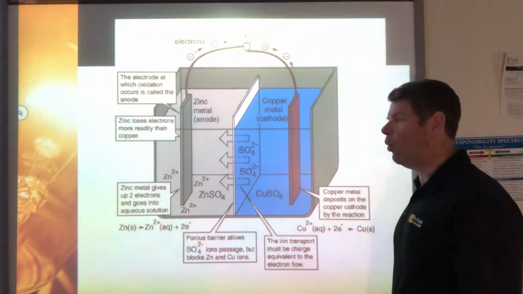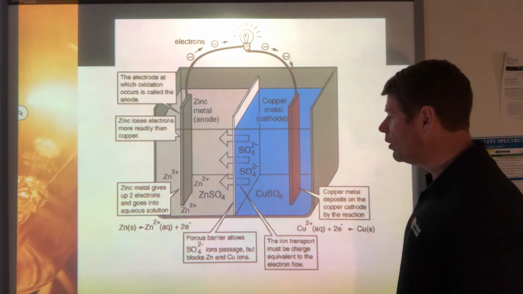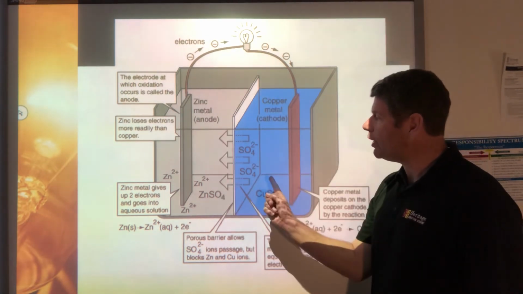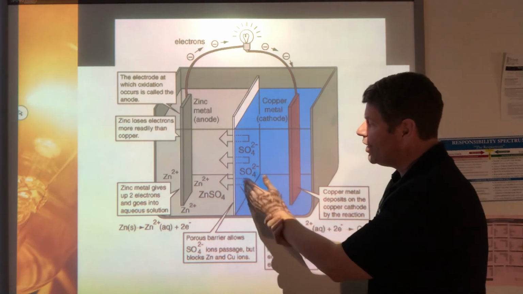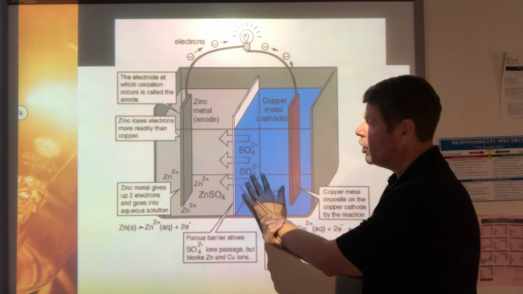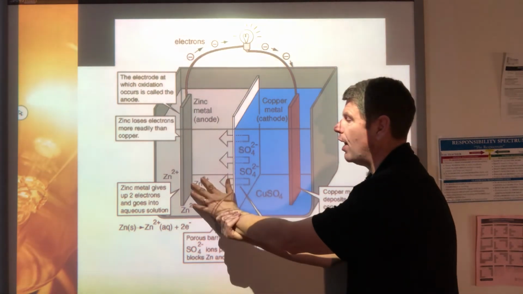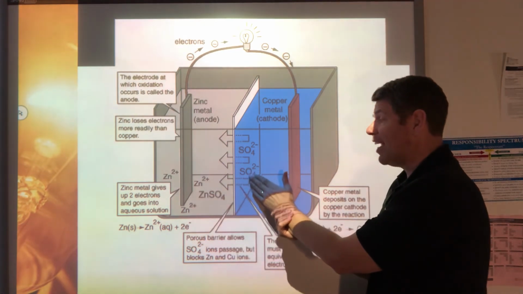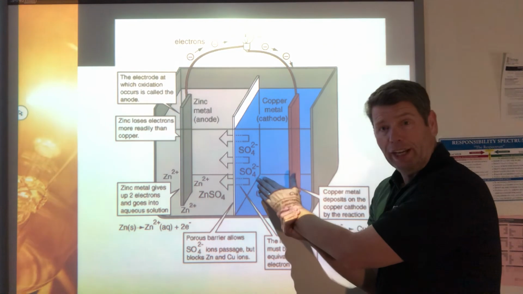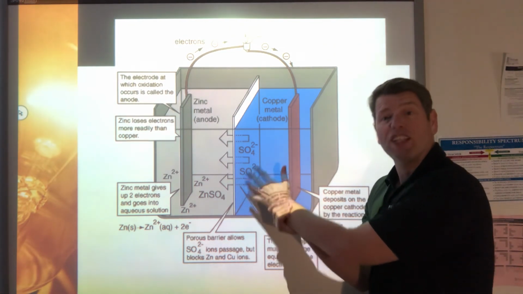That could also stall your cell so that it would no longer function, right? And then we always have to complete the circuit. So notice that there is a pathway for negative ions to move over to this side of the cell, because if these negative ions can't move, you would not have a complete circuit. And remember, electrons only flow if there's a complete circuit.